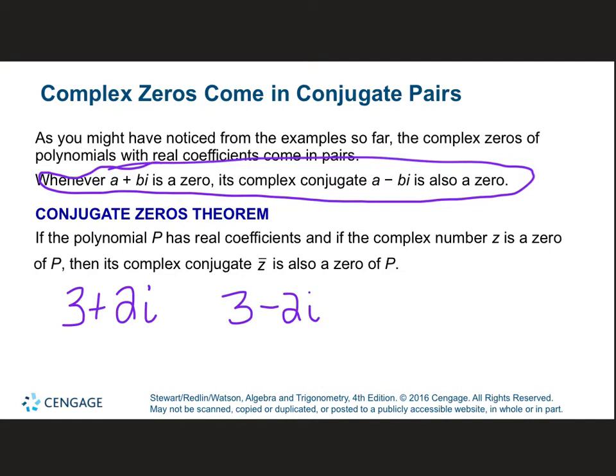If I said to you, what is the complex conjugate of negative 4 minus 5i? Negative 4 plus 5i. Very good. The only thing that changes is the sign in between the real number and the imaginary part. What about if I said, what's the complex conjugate of 6i?